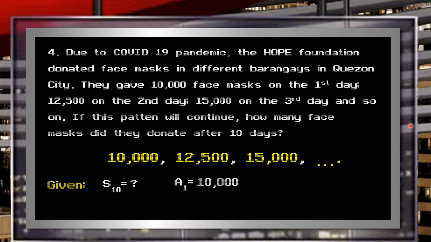We have the first term as 10,000. We have yung last term natin. Di natin alam kung ilan lahat yung last term natin. So, it's also missing. And N is 10. Number of terms natin ay 10. And then, every term, there's a difference of 2,500. So, these are the given.